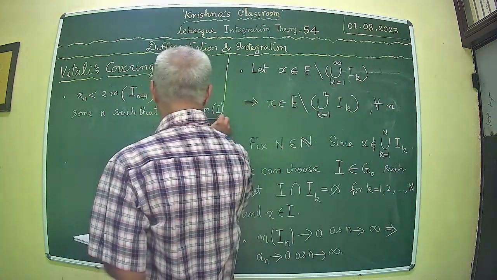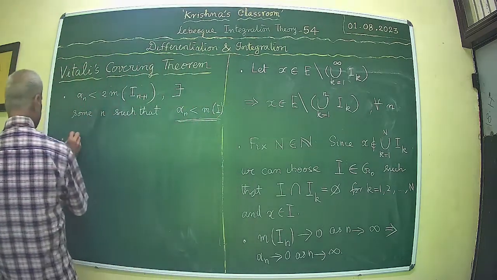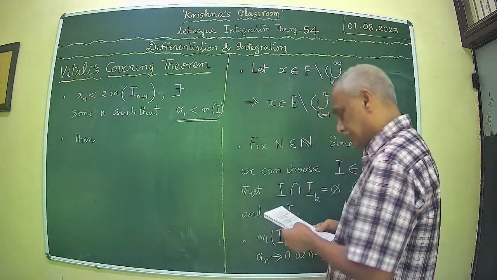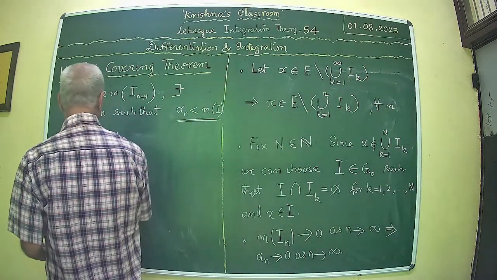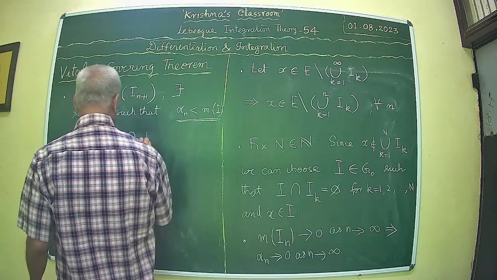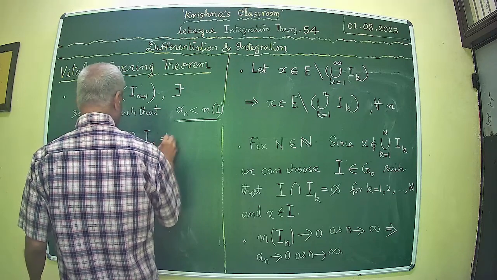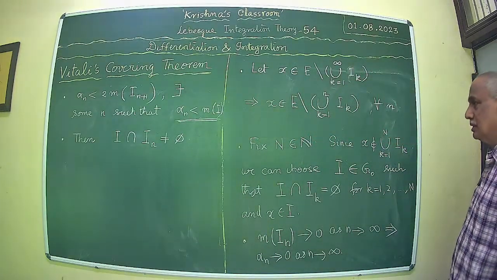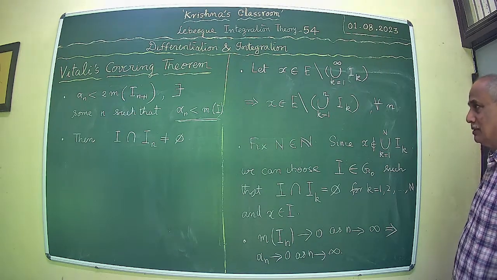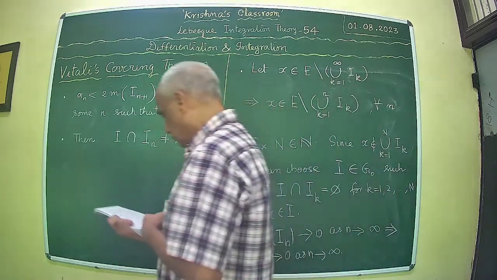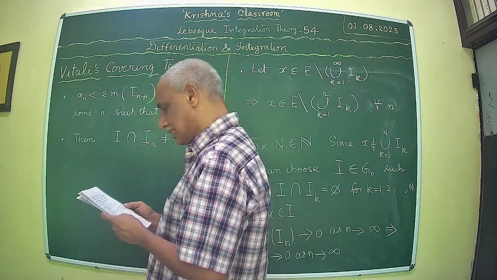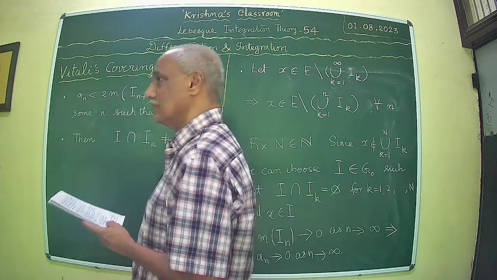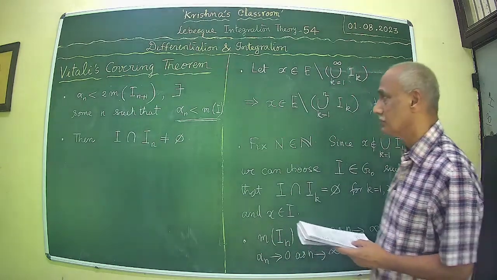Now if this is the choice that we make, then you should have I intersection I_n is not equal to empty, because of the choice that we have made: I_{n+1} is chosen with the restriction that alpha n is less than twice the measure of I. This inequality is satisfied.